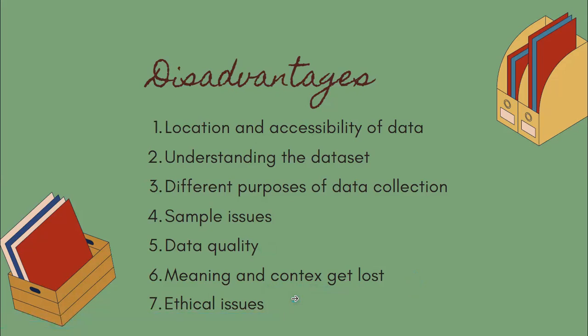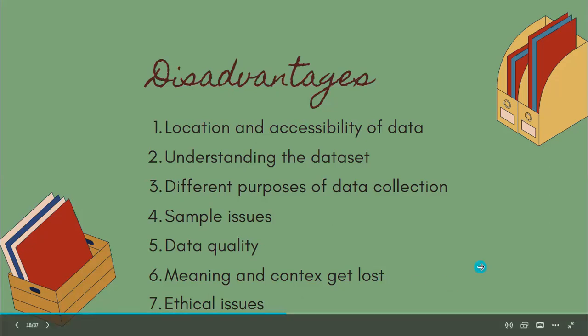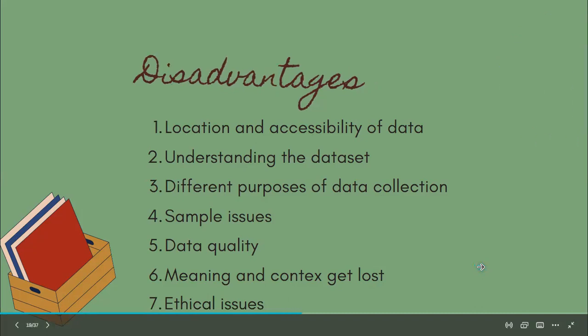For example, in primary research, you make an agreement with your interviewees or your subjects. When someone else uses that secondary data set, it might be difficult to hide the identity of your subjects, so there might be ethical issues.